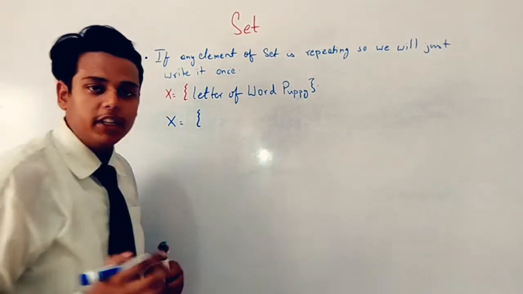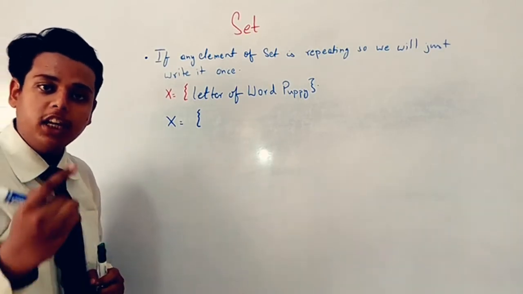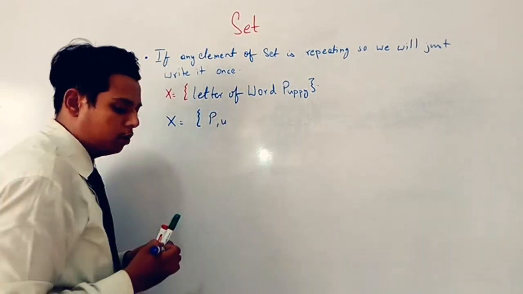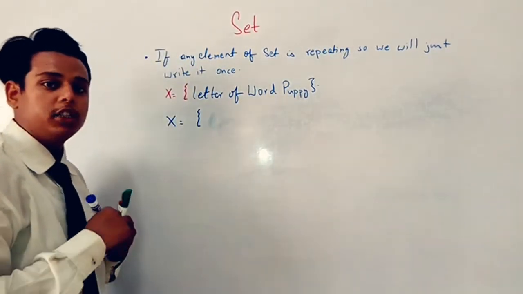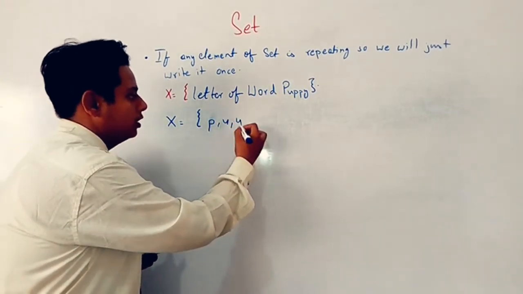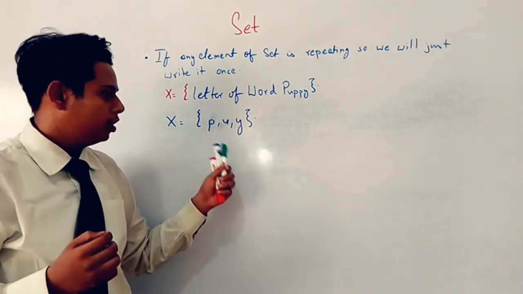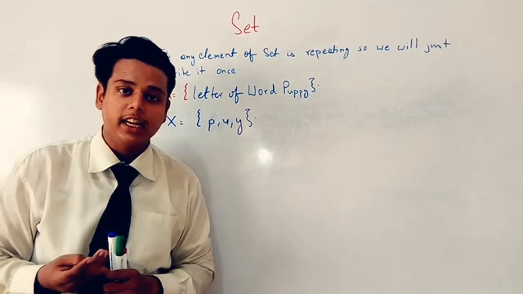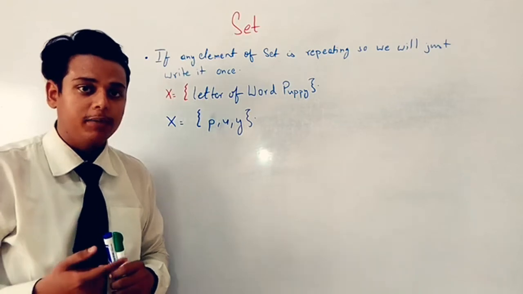Here P comes 3 times, but in the set we will write P just one time. We do not do repetition in a set. So: p, u and y. The word puppy contains 3 different letters: p, u and y. We cannot write p 3 times because in a set we cannot repeat the same kind of element again and again.